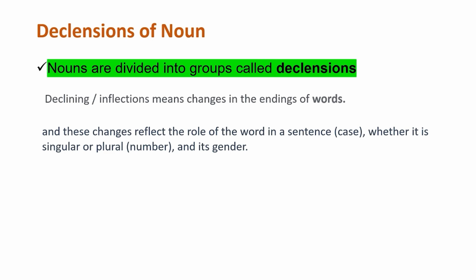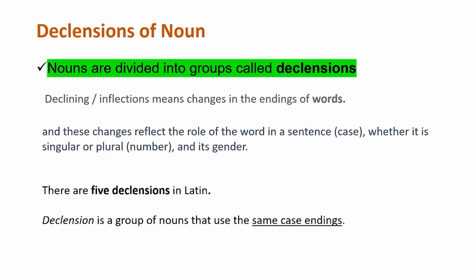And when you make the changes, these changes reflect the role of the word in a sentence. That is what a case is, whether it is singular, plural, and its gender. So this is about a declension. There are 5 declensions in Latin, and just to reiterate, a declension is a group of nouns that uses the same case endings. So you need to remember this.